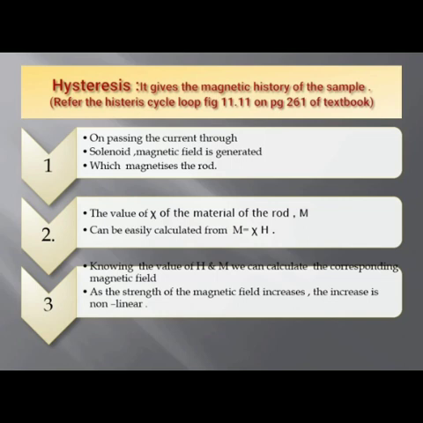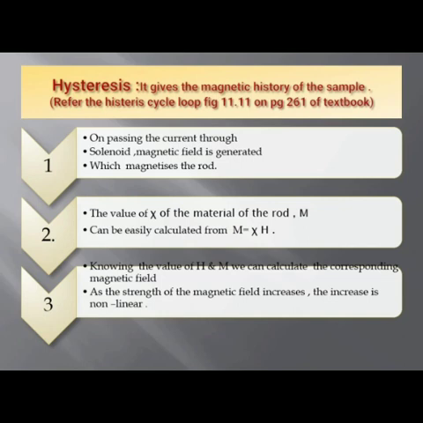Hysteresis is nothing but the magnetic history of the sample. If I refer to the hysteresis cyclic loop given in figure 11.11 on page 261 of the textbook, there you could see that the curve is moving in a forward direction, which shows that on passing the current through the solenoid, the magnetic field is generated, which actually magnetizes the rod.